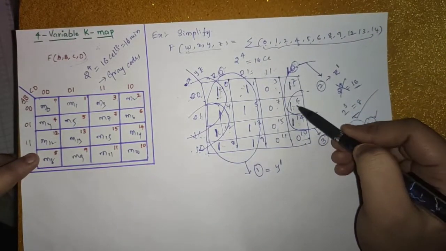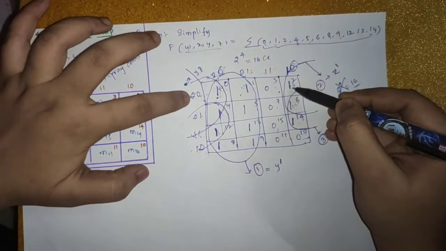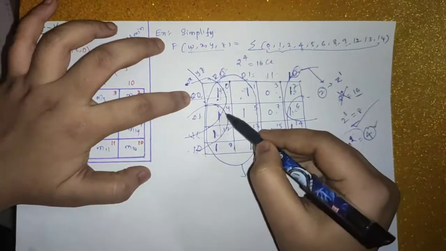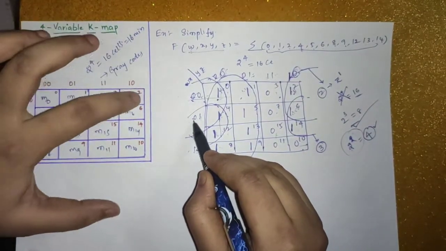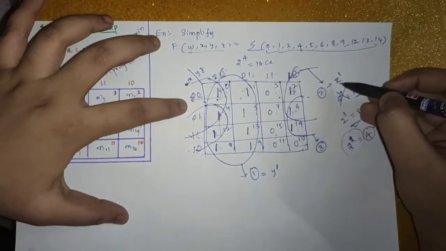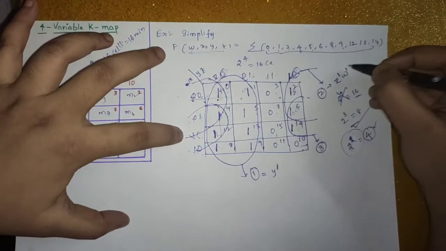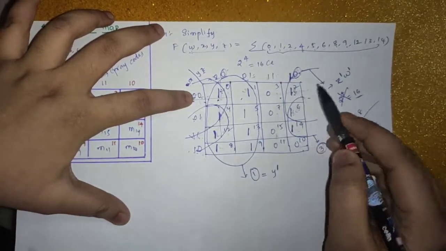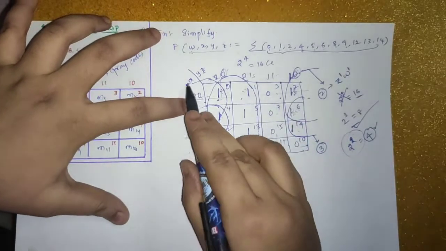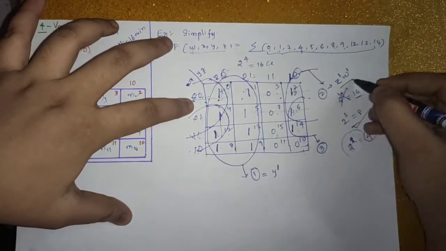If you see these 2 rows, in this row w is 0, and in this row also w is 0, so w is not varying, it is the same, so write w, but the value is 0, write w dash. In this row x is 0, and x is 1 in this row, so x is varying, ignore that. So we have finished this.